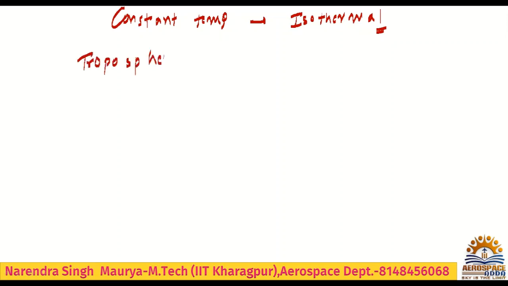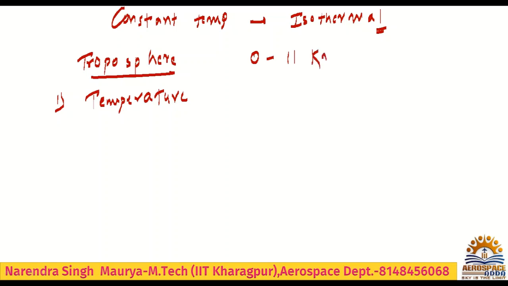Like the troposphere, which I already gave as number one, temperature. Troposphere means 0 to 11 kilometers. How will temperature vary at any altitude? If you want to calculate temperature, you write sea level temperature T naught minus lambda h. What is lambda?